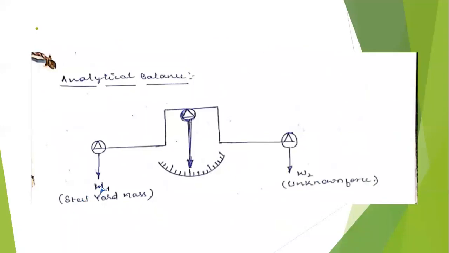Here you have a pan, left side pan and the right side pan. In W1, you keep a dead weight of 1 kg or any weight, maybe 500 grams or 200 grams or 100 grams. And on the right side, if you want to measure anything, maybe grocery, maybe vegetable, or maybe anything, keep it on the right side.